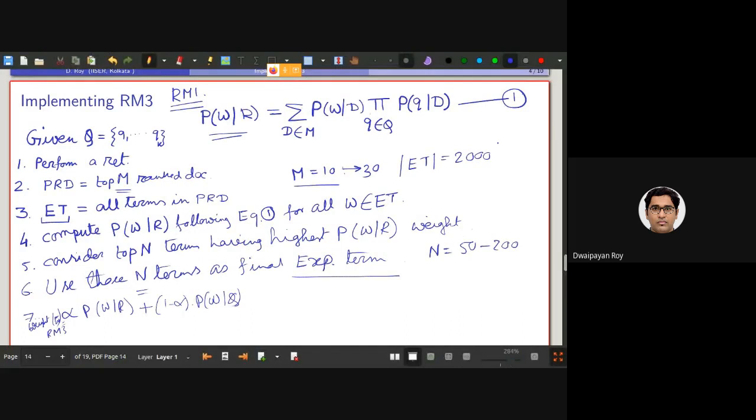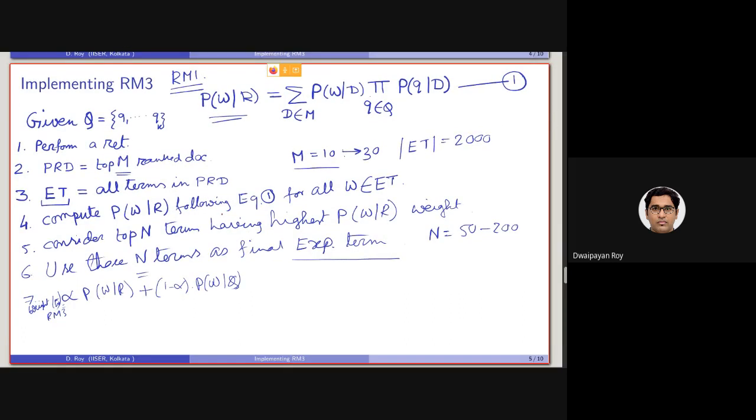Now note that in this model altogether there are 3 parameters. Number 1, number 2, these are 2 RM1 parameters. This is number 3. So there are 3 parameters which are needed to be set.